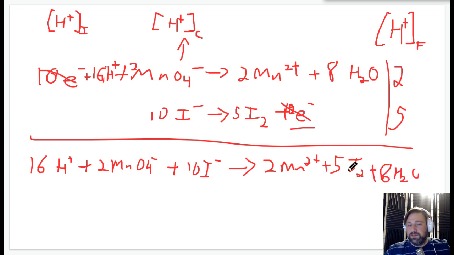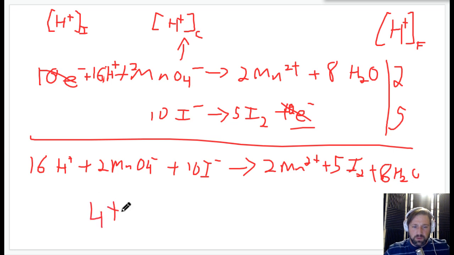Great. So now we have this scenario going on, and this looks crazy. It's always a good idea to double check these things. So we have 10 minus, 2 minus, 12 minus, and 16 plus.